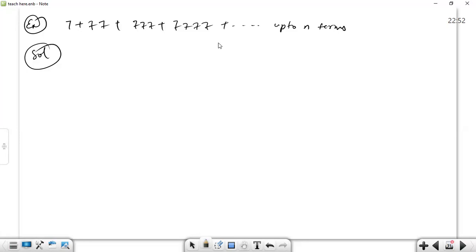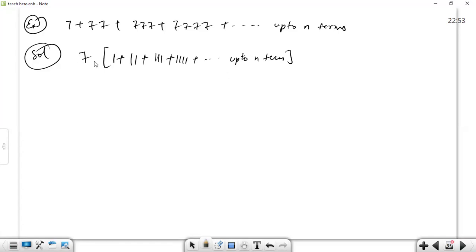So let's try to simplify the given sequence. It is for sure given that 7 is common. So 77 divided by 7 is 11, and that also 111, and similarly up to n terms. So the nth term will be n times 1.